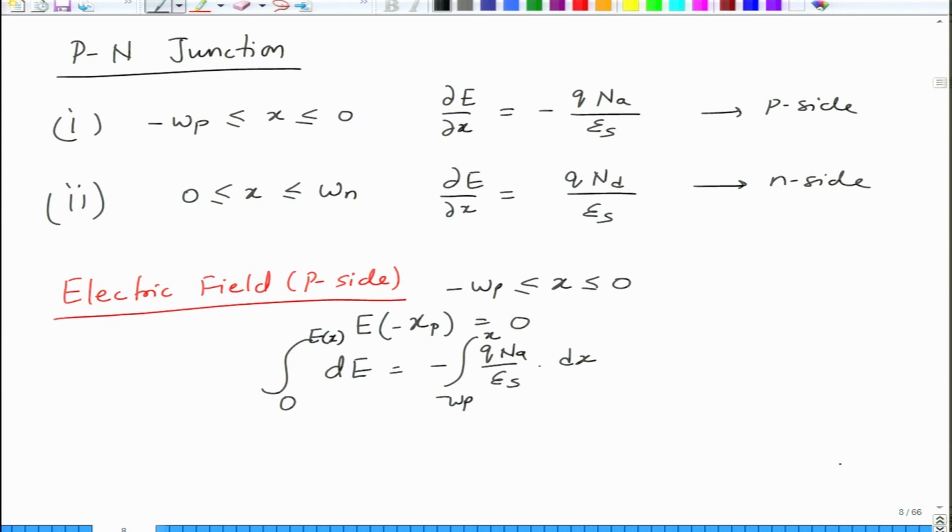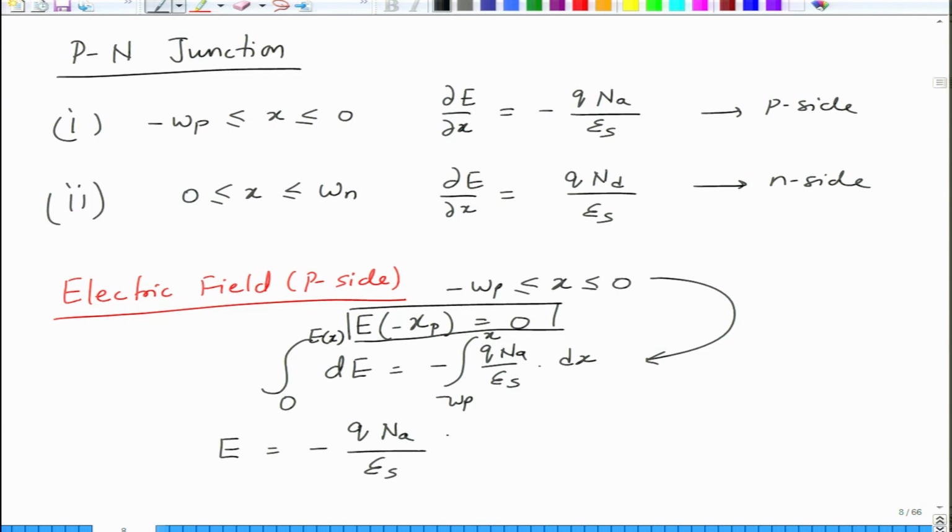When we do that, we have E as minus of, so this condition we know, that the electric field at minus Wp is equal to 0, because at the end of the semiconductor the bands are flat, as a result there is no electric field there, but we are interested in calculating the electric field in this region. So, it is minus q N_A divided by epsilon S, integrate.